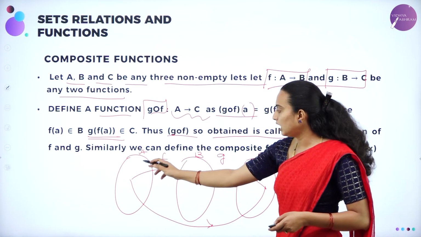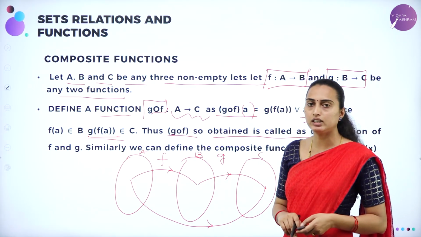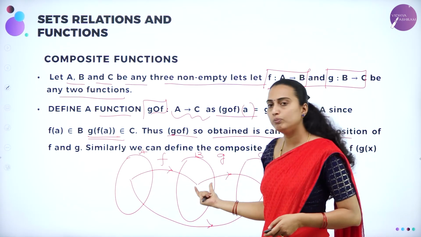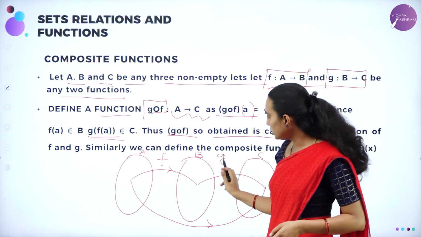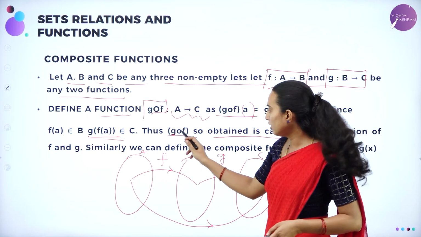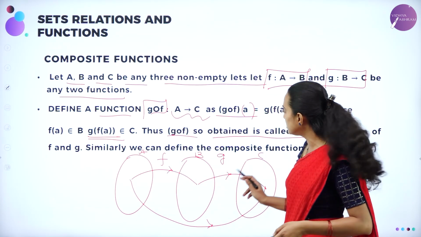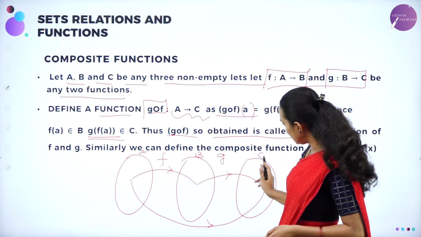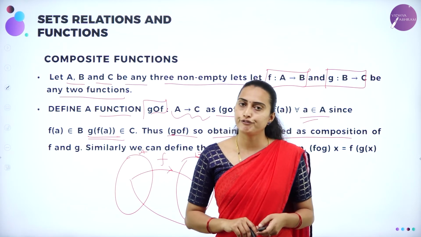So here I can take the elements, here also elements, and here also elements. If f from A to B, g from B to C, then g of f is going to be known as the function from A to C. That is going to be known as the composite function.